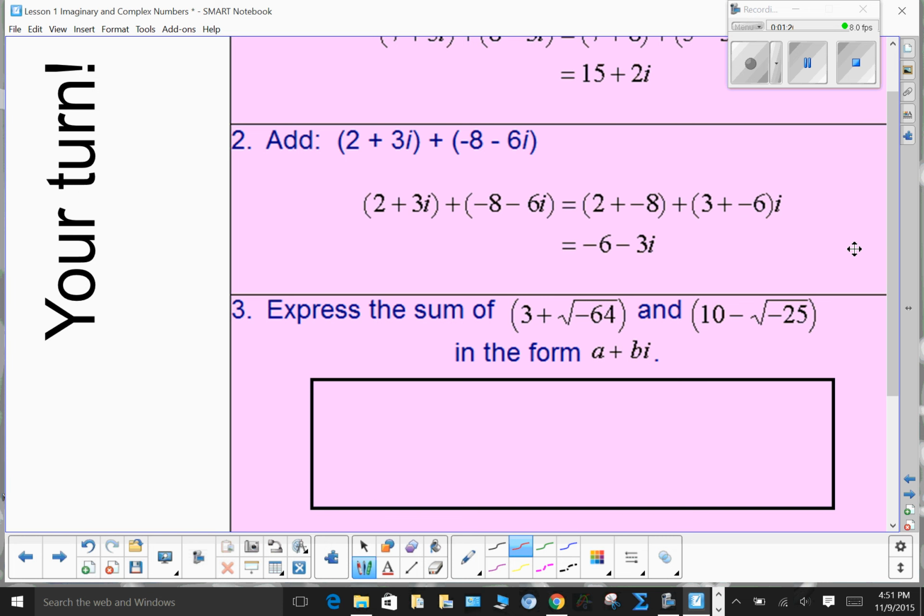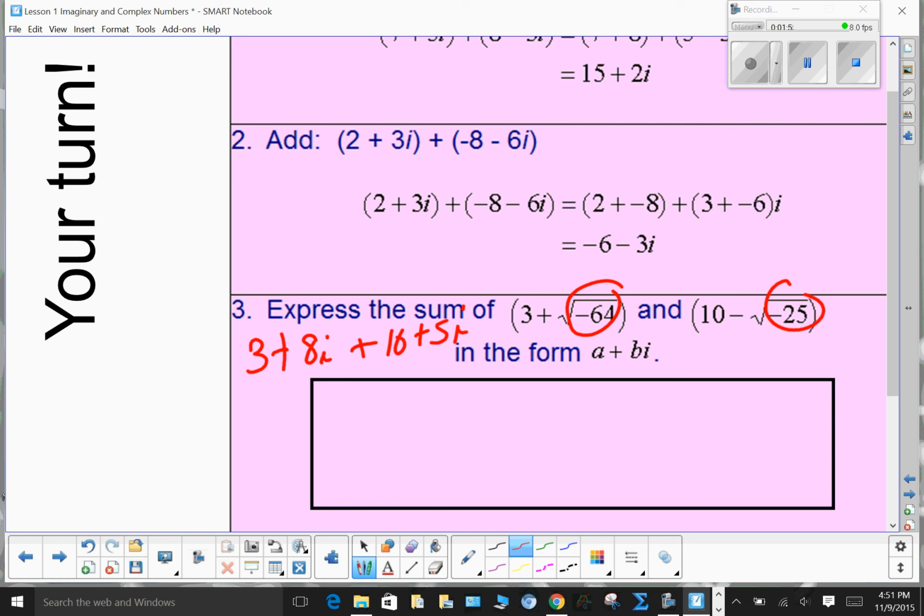And here it is. 2 plus -8 is -6. 3 plus -6 is -3. If I express the sum, 3 plus the square root of -64 and 10 plus the square root of -25, you have to remember that this is 3 plus 8i plus 10 plus 5i.